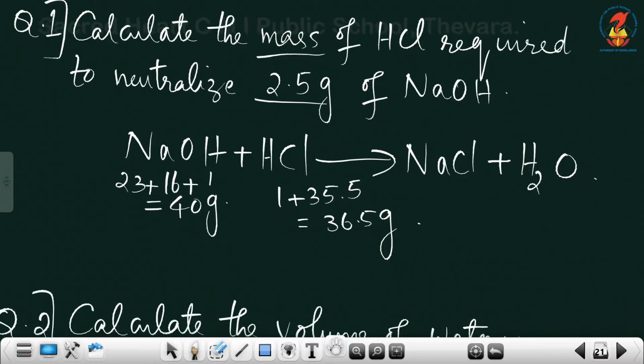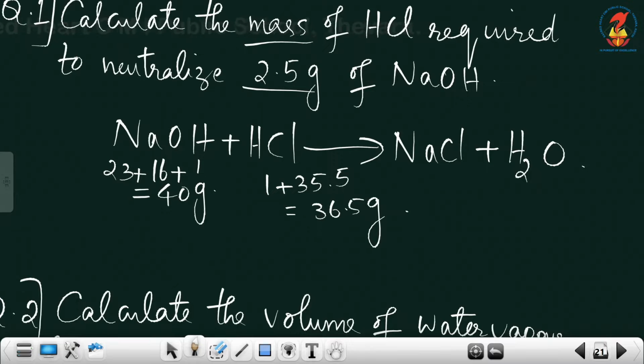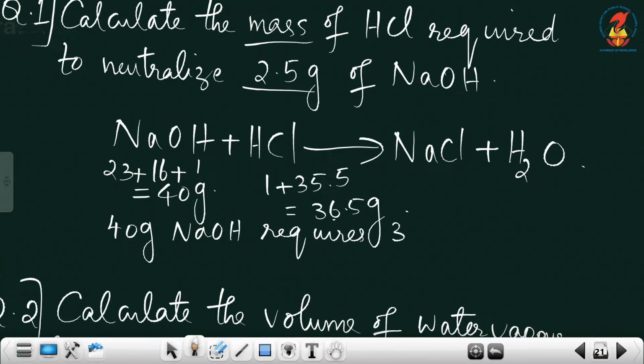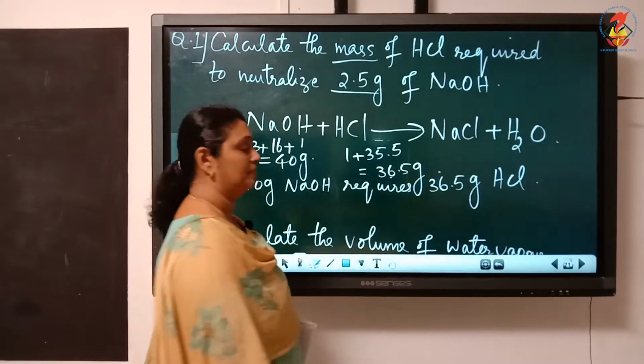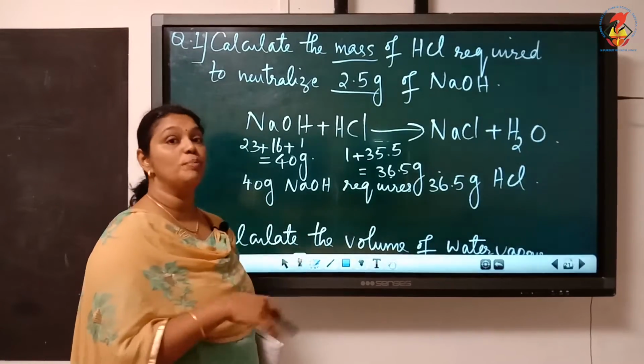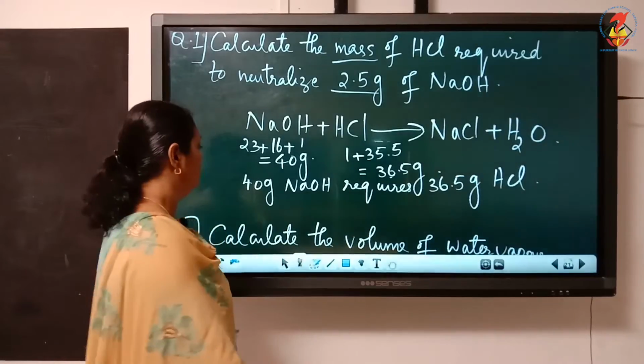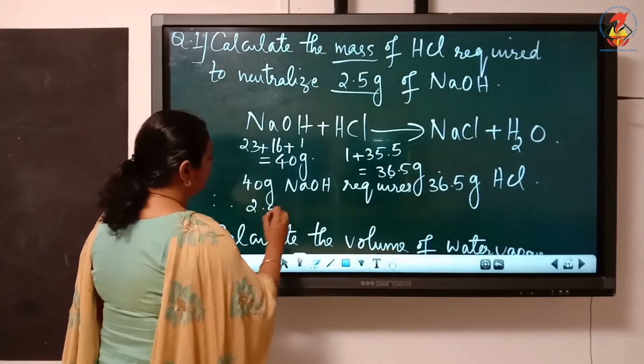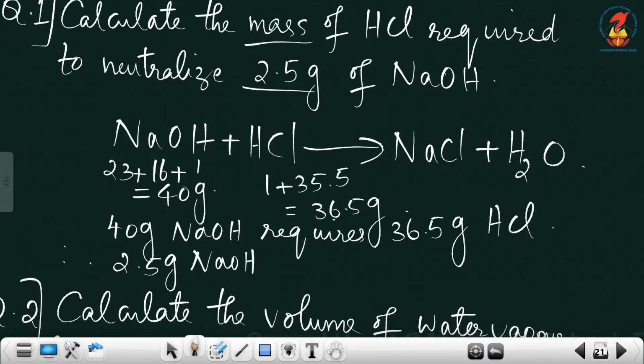So, according to this balanced equation, 40 gram NaOH requires 36.5 gram hydrochloric acid. Now, what mass of HCl is required to neutralize 2.5 gram of sodium hydroxide? Therefore, 2.5 gram sodium hydroxide will require X gram hydrochloric acid.